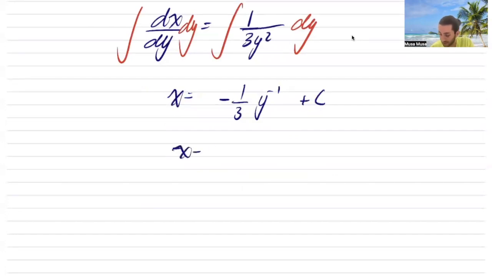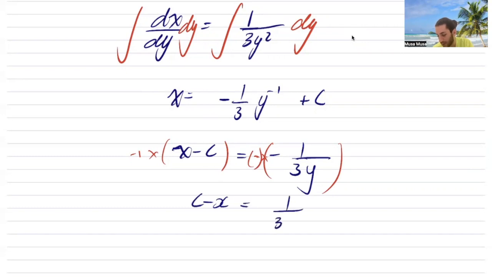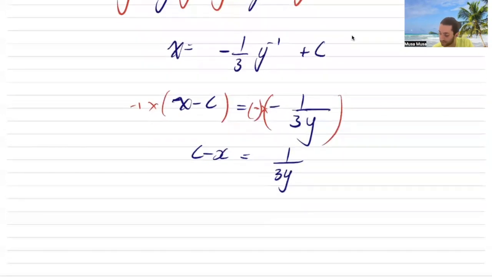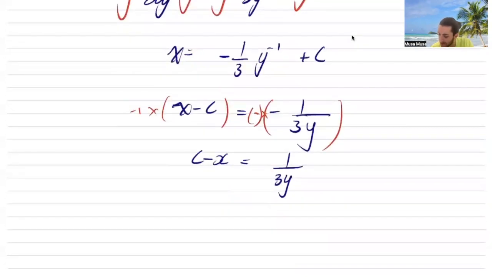Move that over, x minus c equals minus 1 on 3y multiplied by negative. What am I doing? c minus x, and this becomes plus c. Let's actually write it how I had it before, 1 on 3y. And therefore, wait, is this an easier place to find my c?